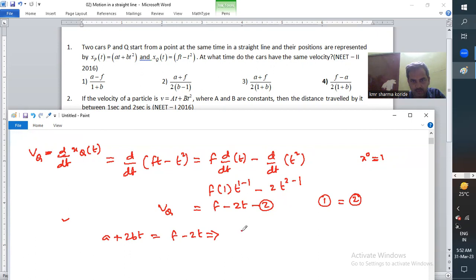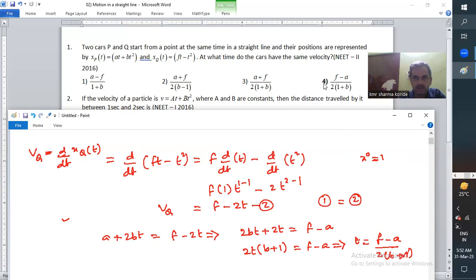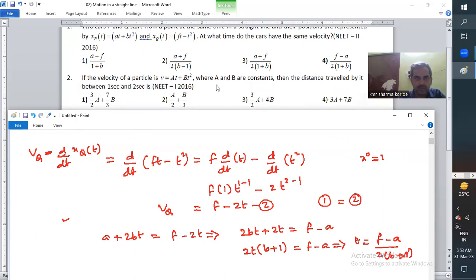So therefore, 2bt plus 2t is equal to f minus a. Now take out common 2t. This is going to be 2t times b plus 1 is equal to f minus a. The answer is t is equal to (f minus a) by 2 times (b plus 1). So last option. Moving to the next question.